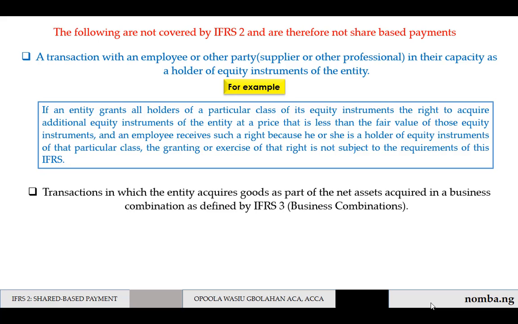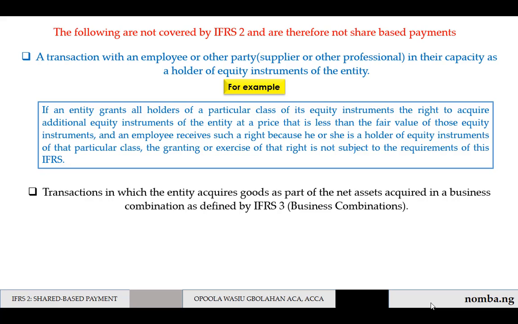Second, any transaction in which the entity acquires goods or part of the net assets acquired in a business combination as defined by IFRS 3 is not a share-based payment. So, equity instruments issued in a business combination in exchange for control of the acquiree are not within the scope of this standard.